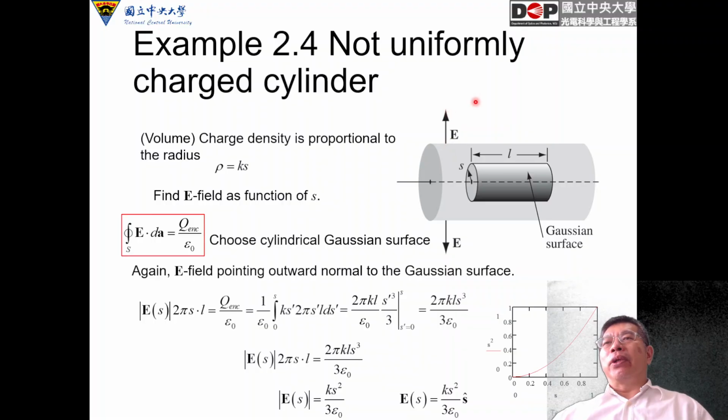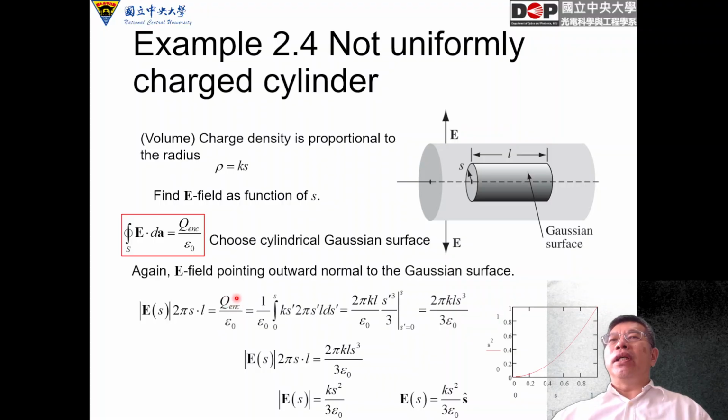The electric field is just pointing outward, normal to the Gauss surface. Since we choose wisely, the Gauss surface is normal to the electric field, and there's no electric field along these two circular areas. We just need to consider the cylinder part, so the surface area is 2 pi s times L.